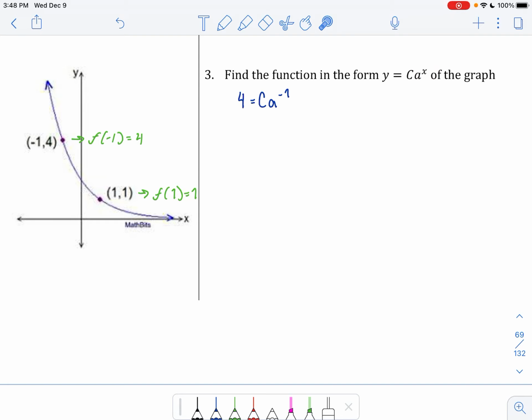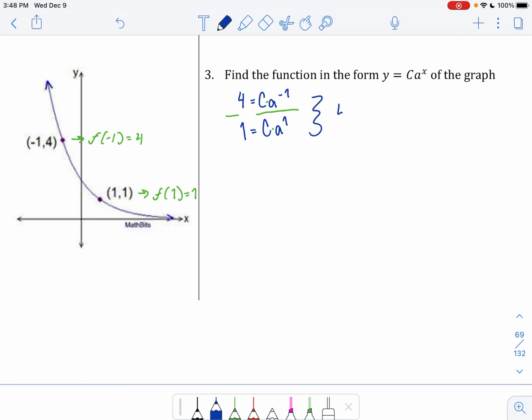I'm going to do the same thing from here and say that 1 is equal to c times a to the first. If you remember with systems of equations, we'd usually subtract them to cancel out. Since these are multiplied terms, we're not going to subtract, but if we divide on both sides, that's still equal.